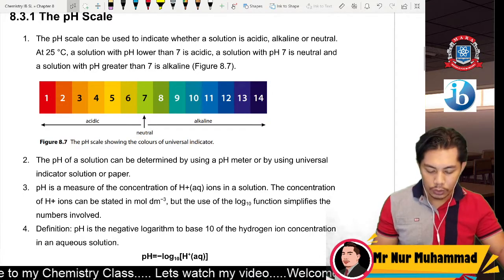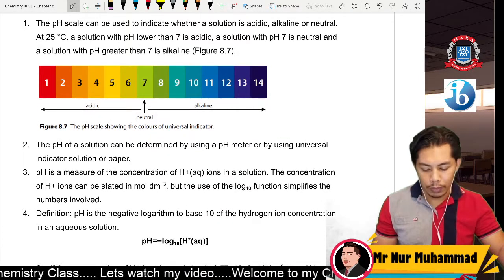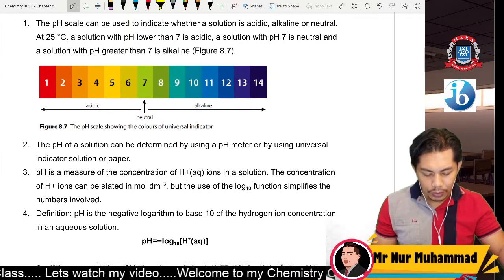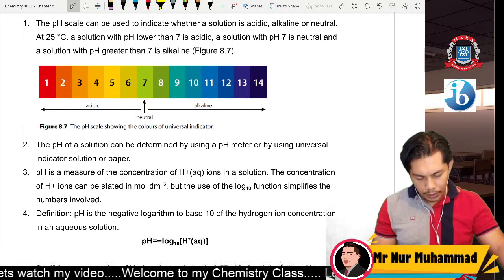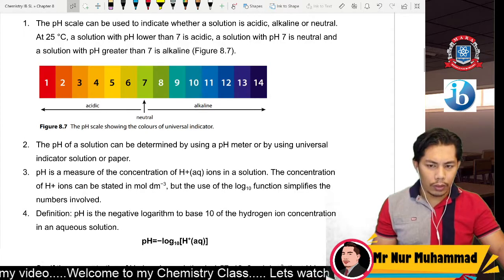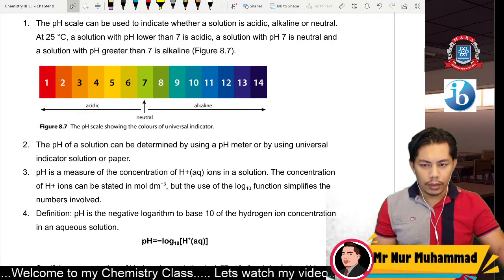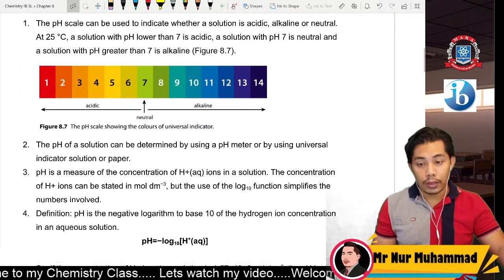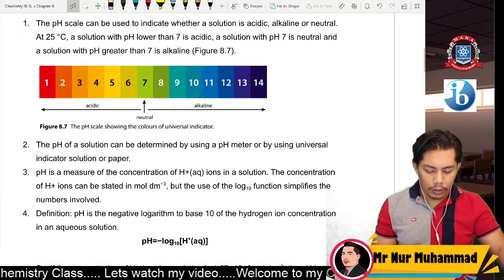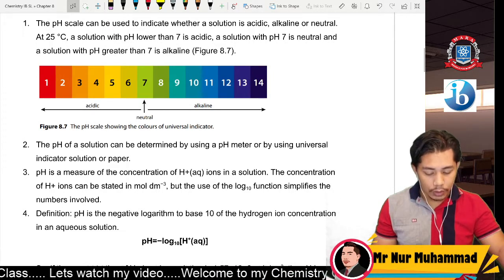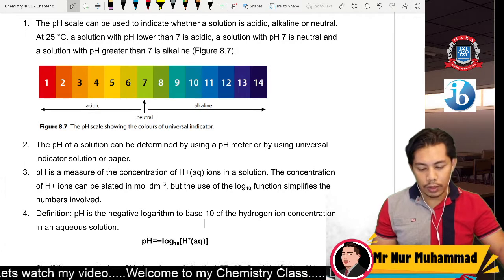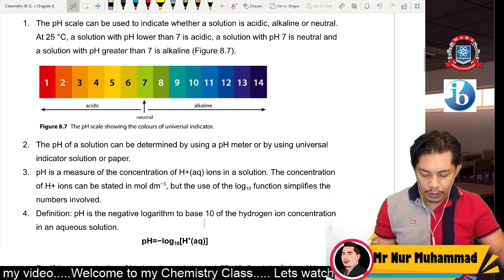What is meant by this statement is that the pH value is related to the concentration of hydrogen ion. I will explain it later.